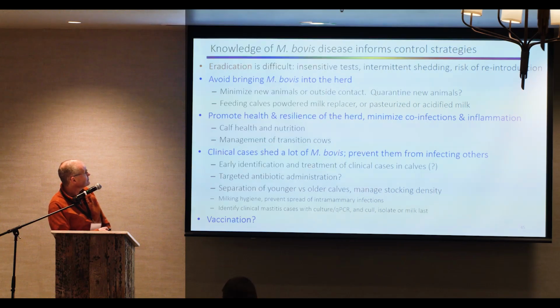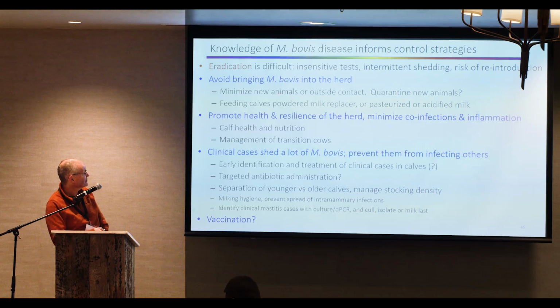You might avoid bringing Mycoplasma bovis into a herd. Again, this is, I would say, impractical probably on veal operations, but on the dairy operation, quarantining new animals or maintaining a closed herd would be one approach. There is evidence that pasteurizing or acidifying milk kills Mycoplasma bovis.